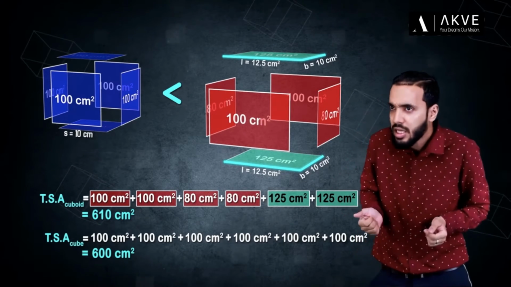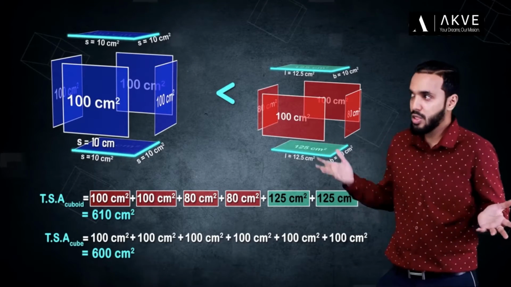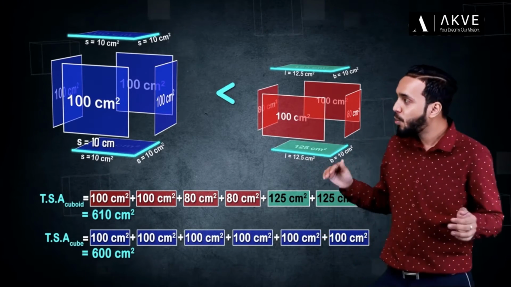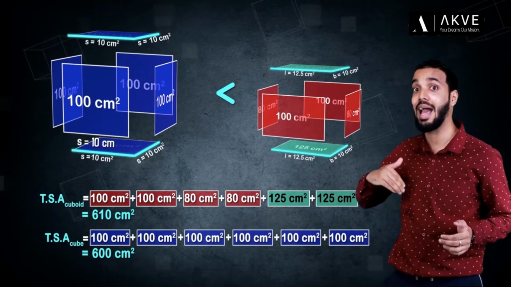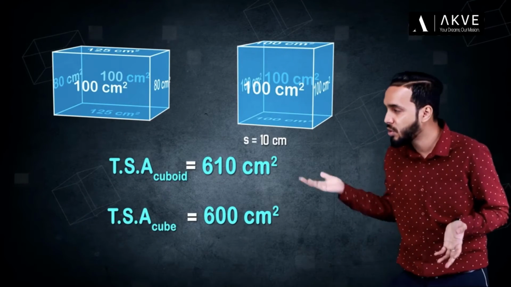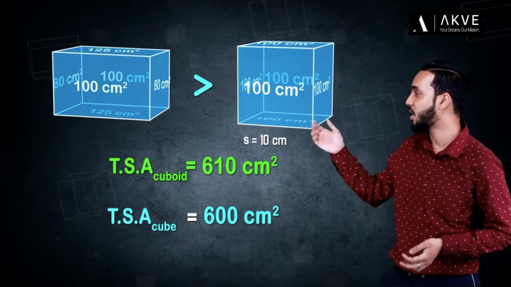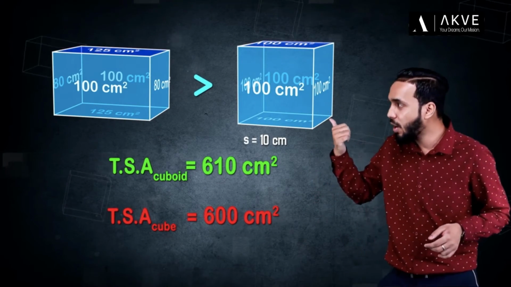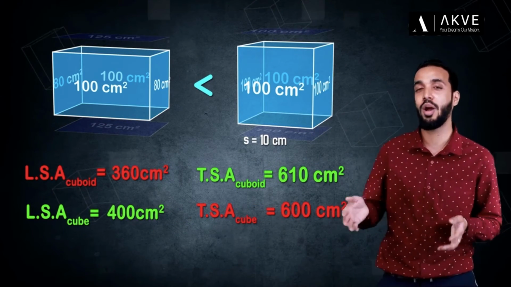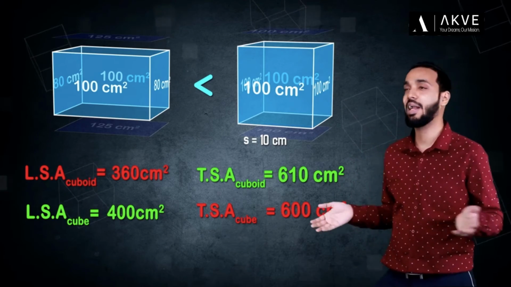But such is not the case in a cube, because there the area of each face is the same. So naturally, when the top and the bottom faces are added to the area, we get the total surface area of the cuboid, which is greater than that of the cube. But when the top and the bottom faces are excluded, we get the lateral surface area of the cuboid, which is smaller than that of the cube.